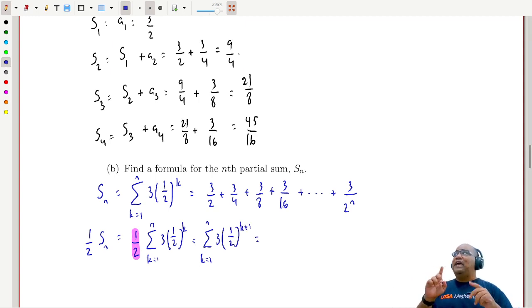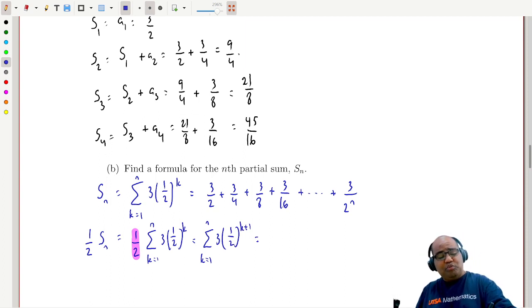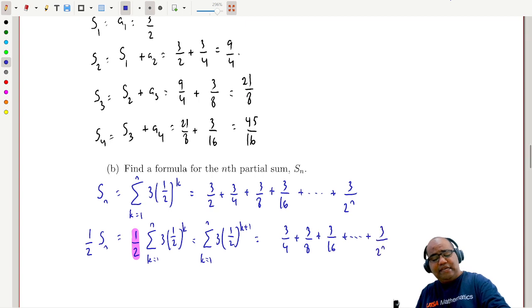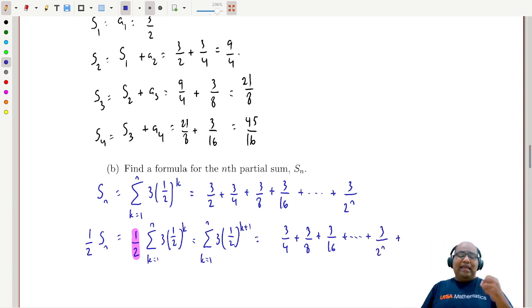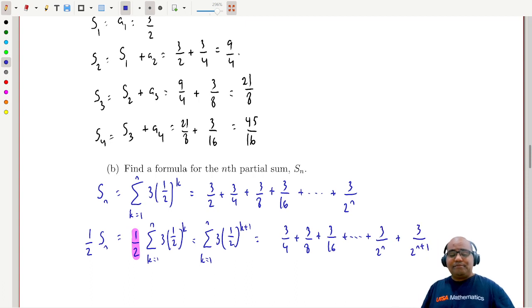So what happens is now every term from Sn gets shifted over one space. So we'll have, now the sum starts at 3 over 4, then 3 over 8, 3 over 16, and it continues to 3 over 2 to the n, and then the last term now, when k is equal to n, the power is n plus 1, so we have 3 over 2 to the n plus 1.